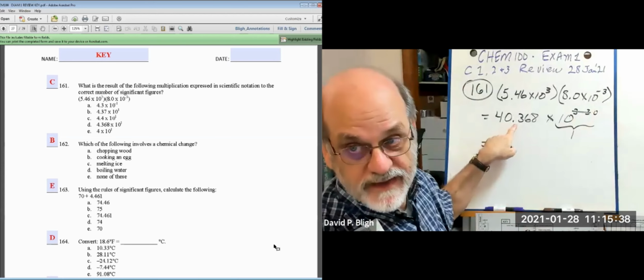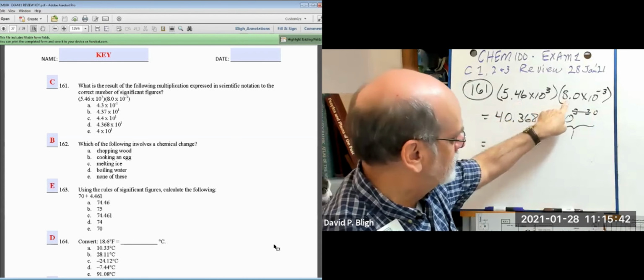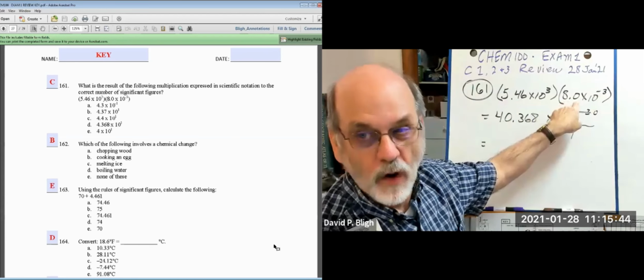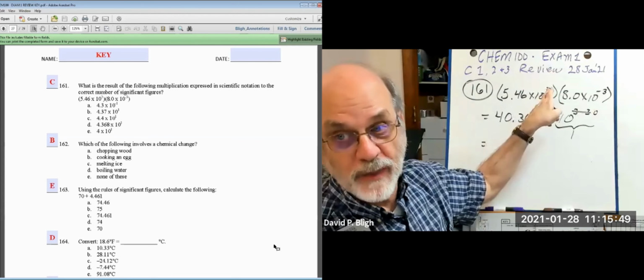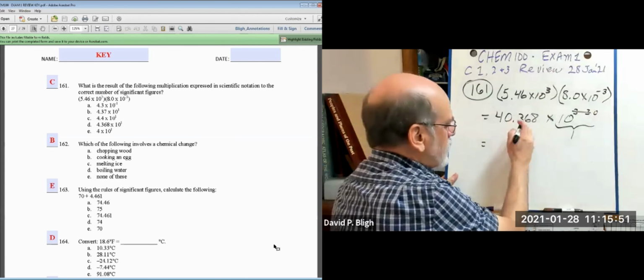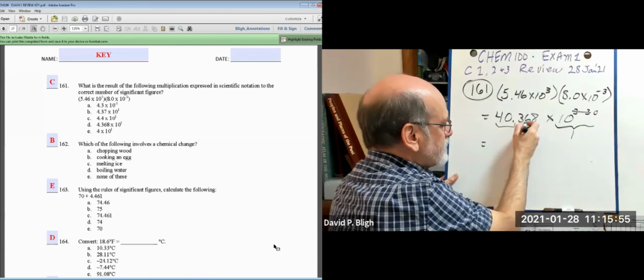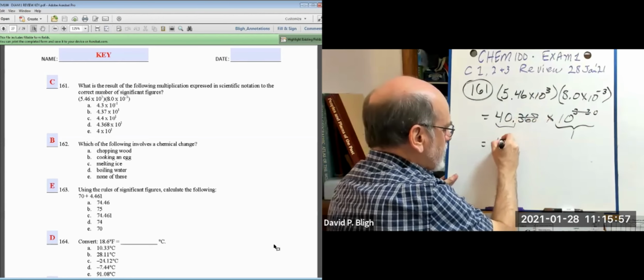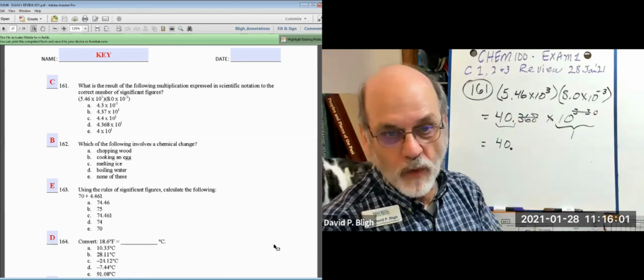Now we need to resolve this. There's 3 significant figures, there's 2. So we can only keep 2 in our answer because this is the rule for multiplying. So 2 is this, and 3 is less than 5, so it goes away, and we keep 40.